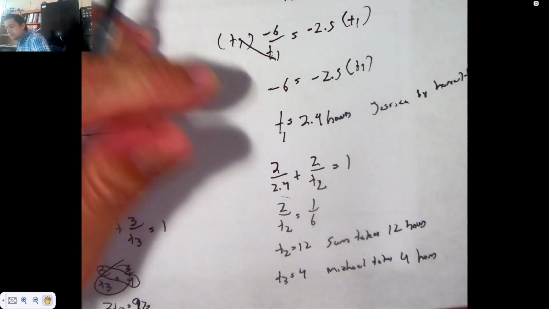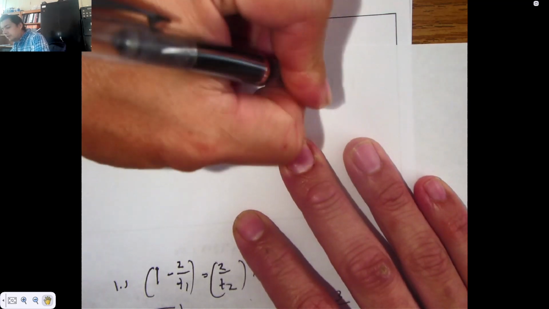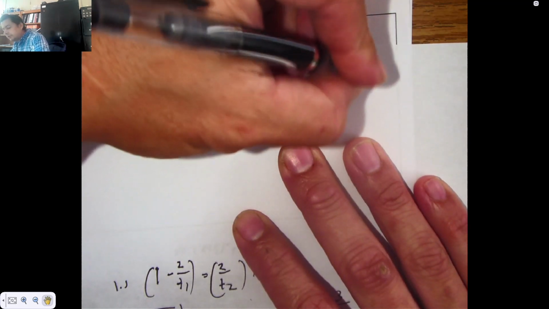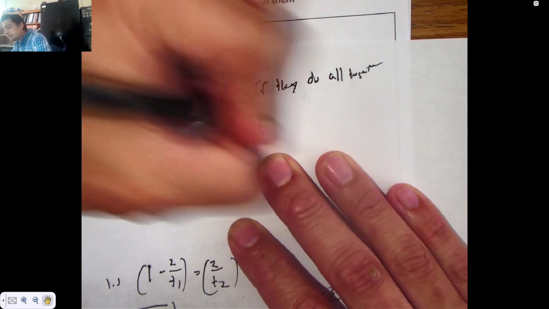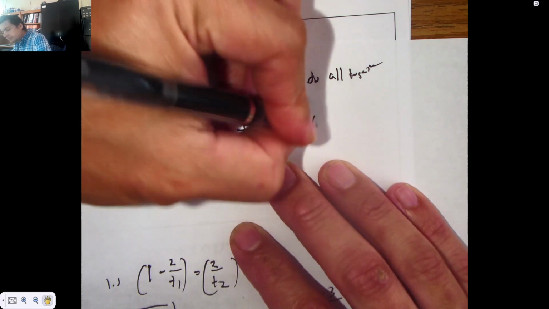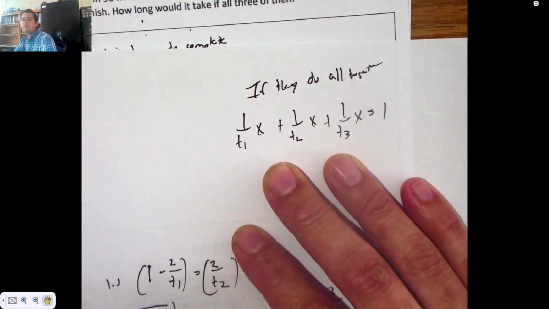Now the question is, what if they do it all together? The formula is 1 over time 1 times x plus 1 over time 2 times x plus 1 over time 3 times x is the complete job of 1.